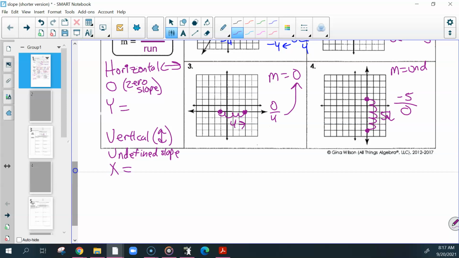If you were counting, you would need to double check this. If you were to put this in your calculator, for someone that has a calculator, -5 divided by 0. What do you get? Error. It doesn't work. You can't divide by 0. So it's undefined.